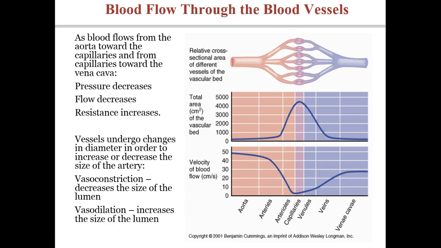And then you also have this concept of turbulence. Sometimes when you're listening to blood flow, you can hear a whooshing sound. That is turbulence, and turbulence tends to be caused by plaquing.